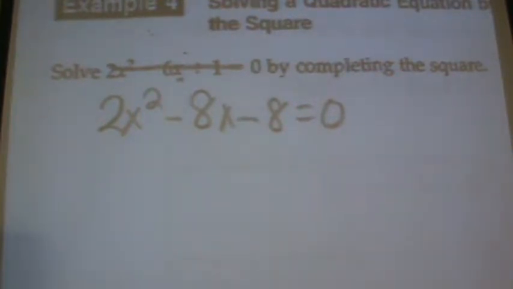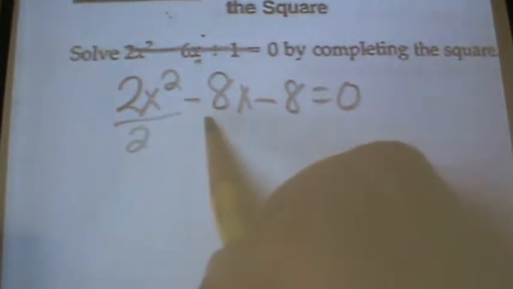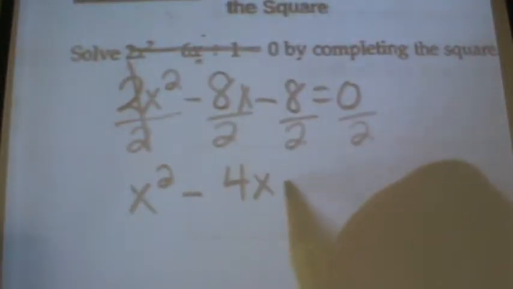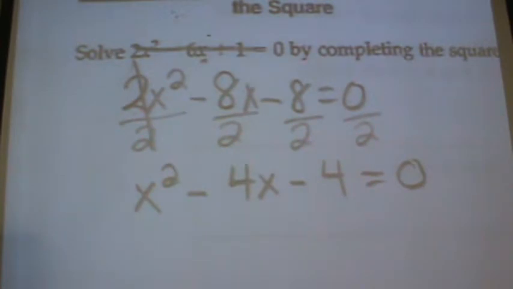Okay, before we do the c value, there's a step. Divide by 2. Yes. You always want to make sure the a value, this is the a value, is 1 to complete the square. So you have x squared minus 4x minus 4 equals 0. Is everyone cool with that?